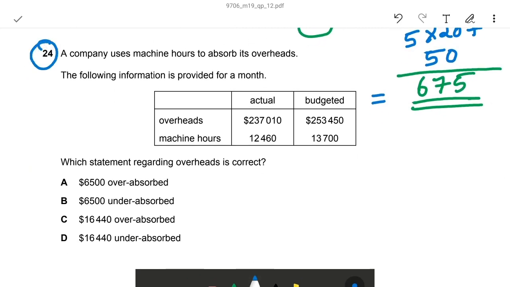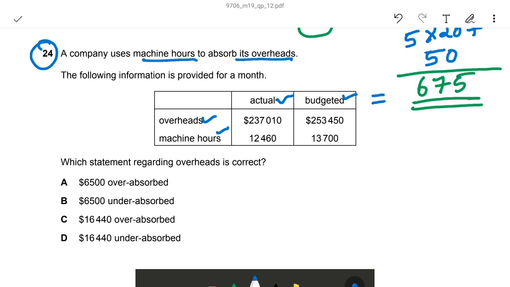24. A company uses machine hours to absorb its overheads. The following information is given: actual and budgeted overhead and machine hours. Which statement regarding overhead is correct? Is it under absorption or over absorption? First, we have to calculate the absorption rate as per the machine hours.